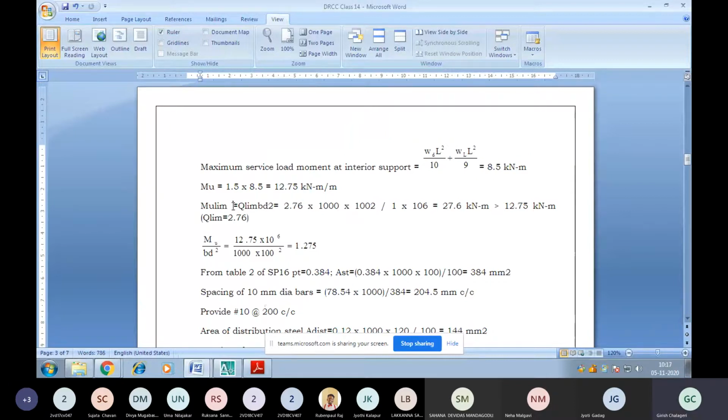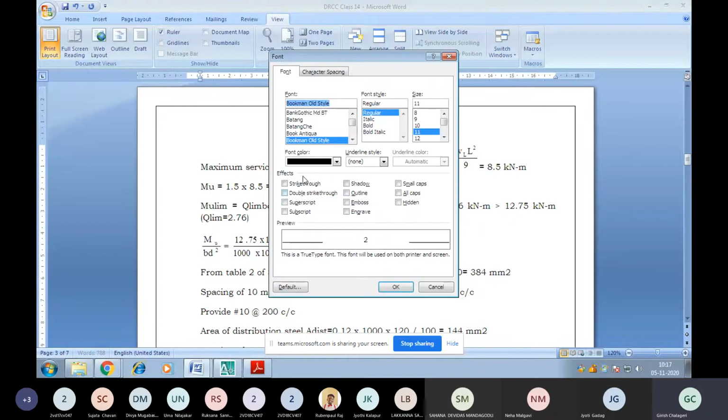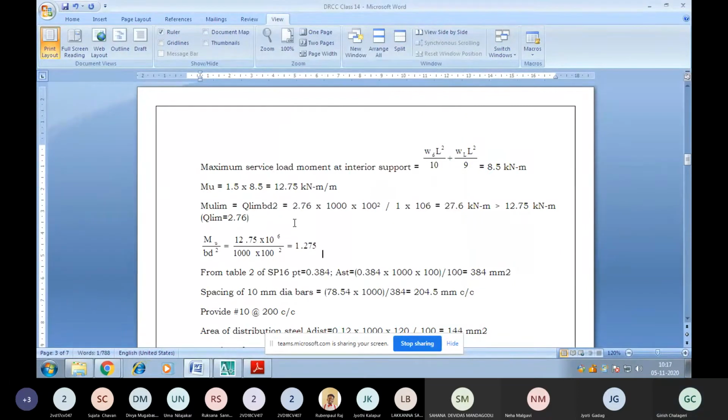We know from SP16 or IS 456 that MU limit is 0.138 FCK BD square. Instead of writing Q lim, we can write 0.138 star FCK star, it will be easy.